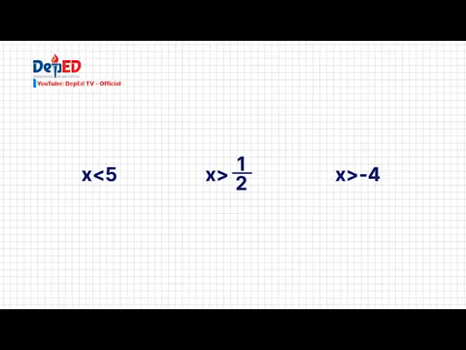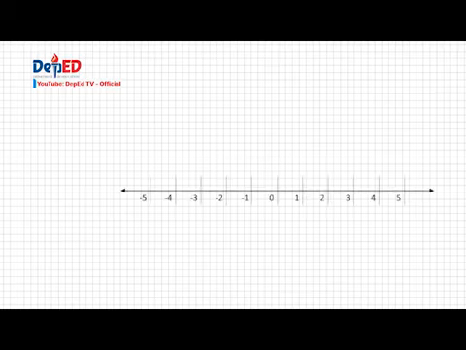We take values of x considering all these conditions. That means we take the intersection of these sets. Let us use a number line for better illustration. For x is less than 5, those are these values highlighted in red color.